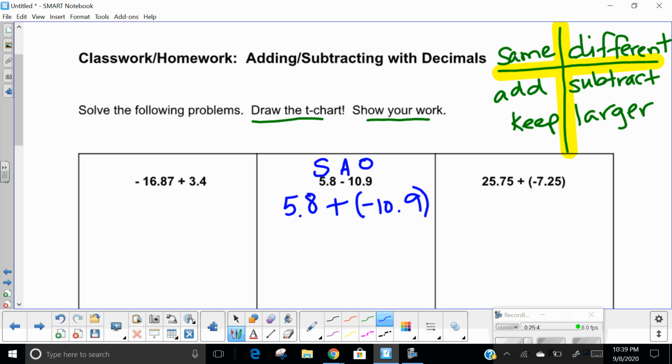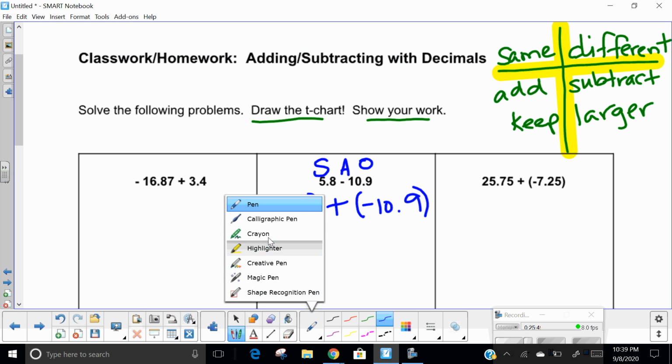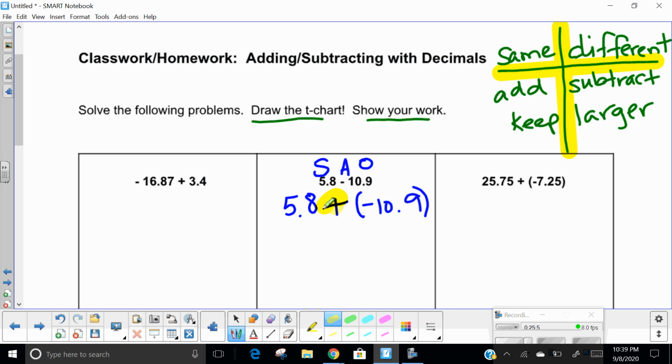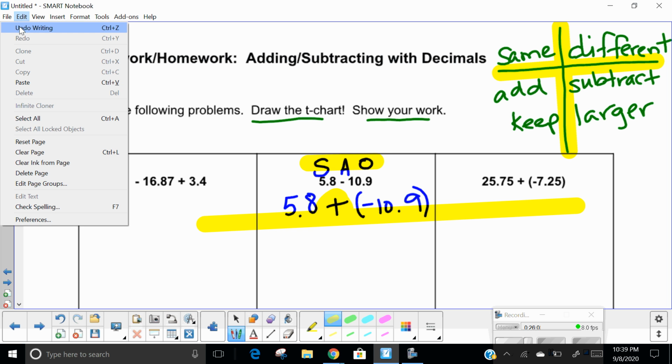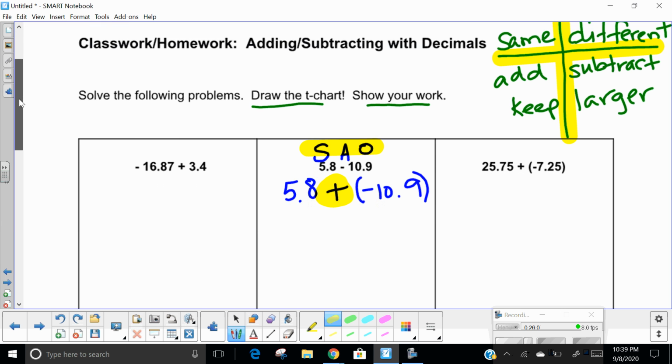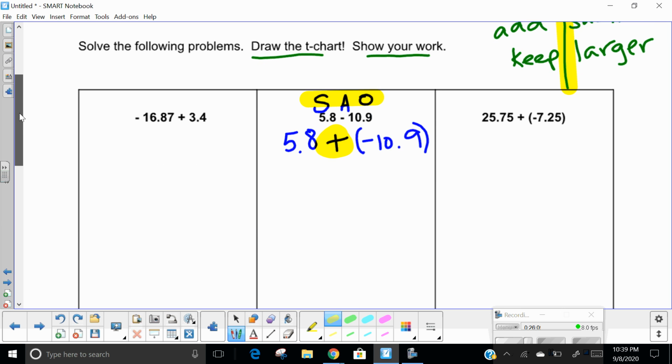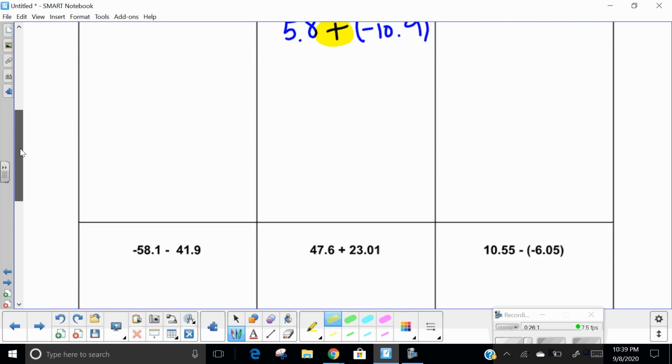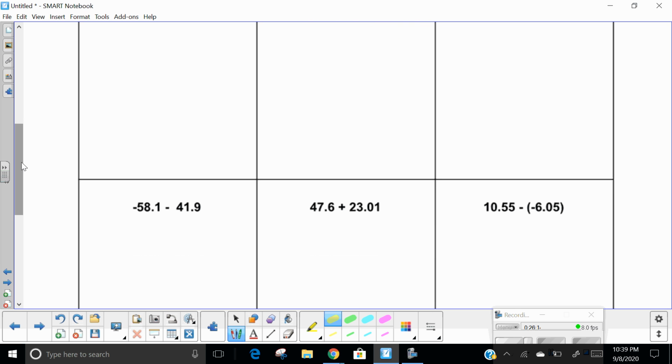And now we have an addition problem. So we're going to use the T-chart to solve. So it's always a good idea to write your SAO over top of your subtraction problems. So there's a subtraction problem there, and there's a subtraction problem here.